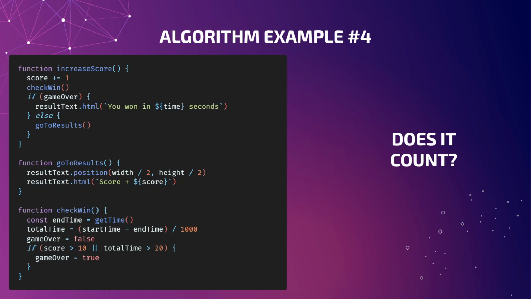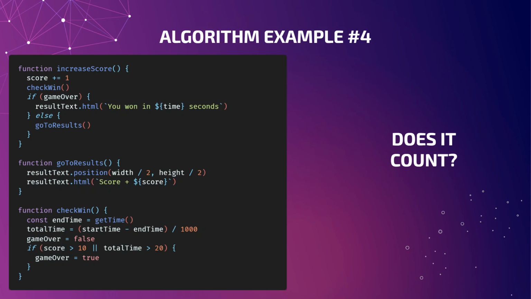Okay. Can you nest the functions? Meaning that can you have increased score that has a check win, and inside that check win, maybe there's another helper function that helps out the function above it. So can you nest them down rather than just having one function that has two child functions? Yes, you can technically do that.